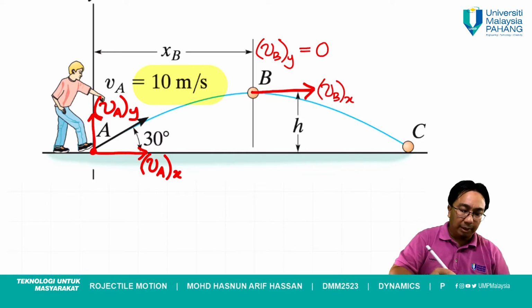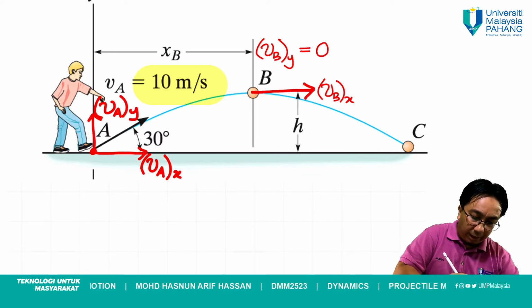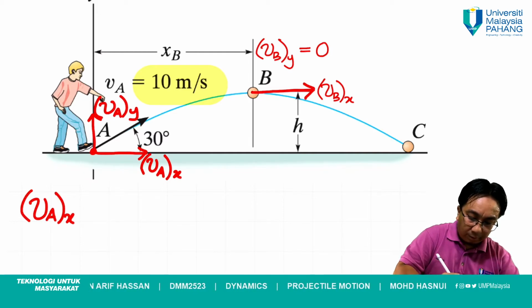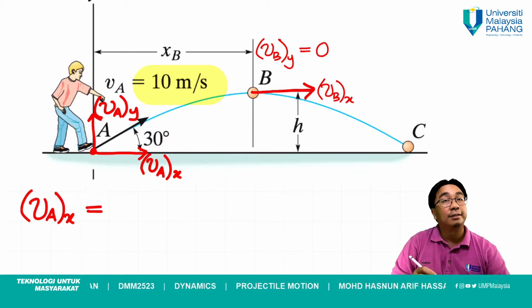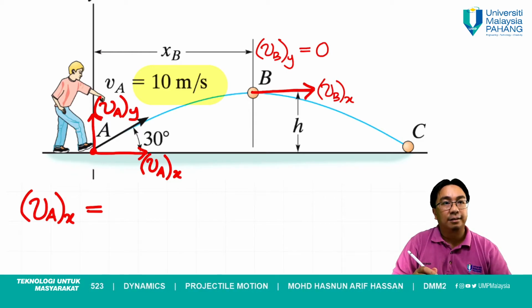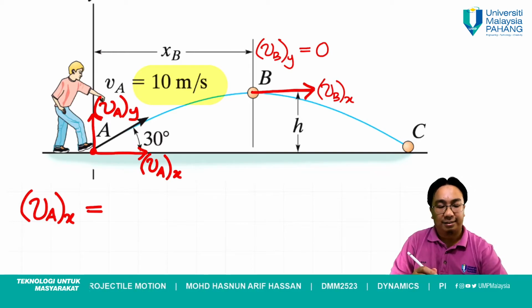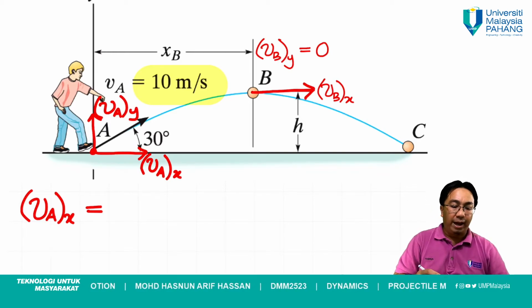So macam mana kita nak dapatkan VAX? Cos dengan tangent ke sin? Sin kan? Okay. So VAX.